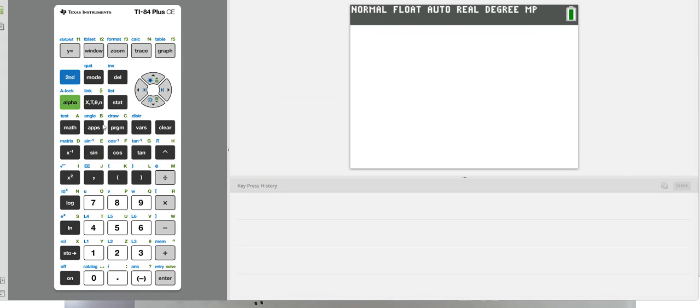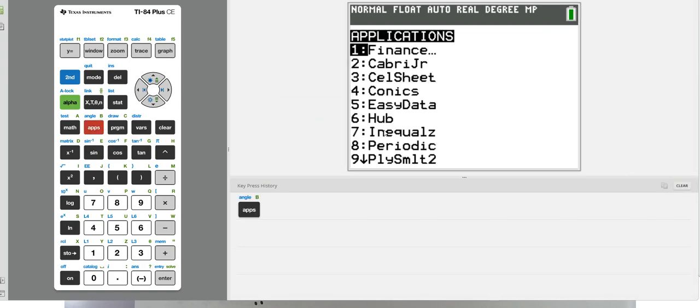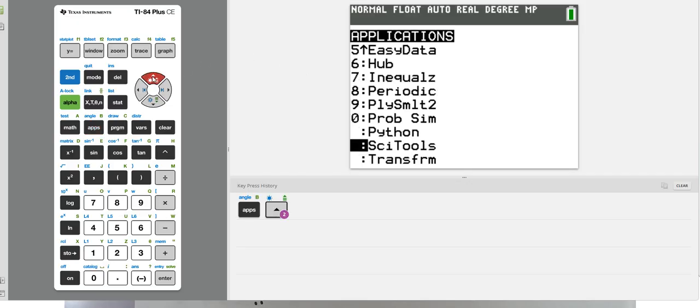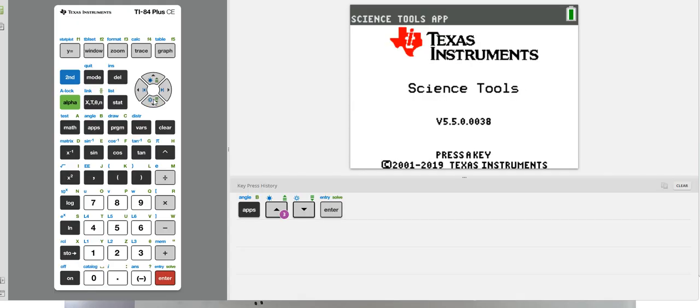Go to the apps menu, and then you want to go to Sci Tools. On mine, it doesn't even have a number, it goes beyond the numbers, but you should be able to scroll and find this.